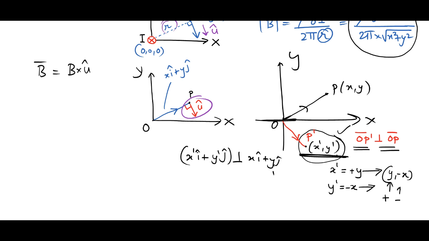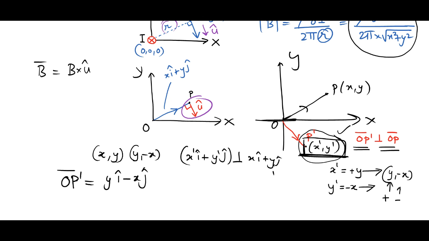So if this point is indeed y comma minus x, then the vector OP dash bar is going to be y i cap minus x j cap. Remember, x and y are the coordinates of P, whereas y and minus x are the coordinates of P dash, right?